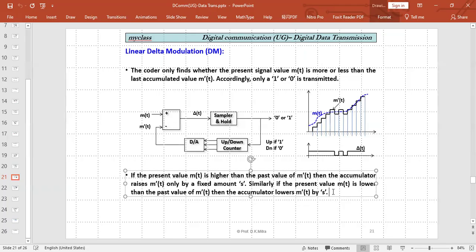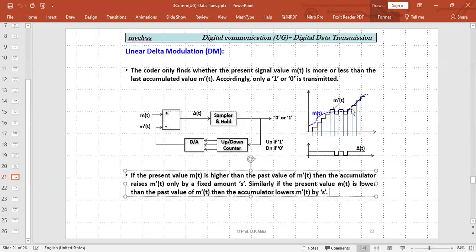Like here, the signal is going up, up, up, up, up, and the steps are also going one step higher, one step higher, one step higher. But suppose now this output can go up by one single step, not more than that. And that step may be 1 millivolt.